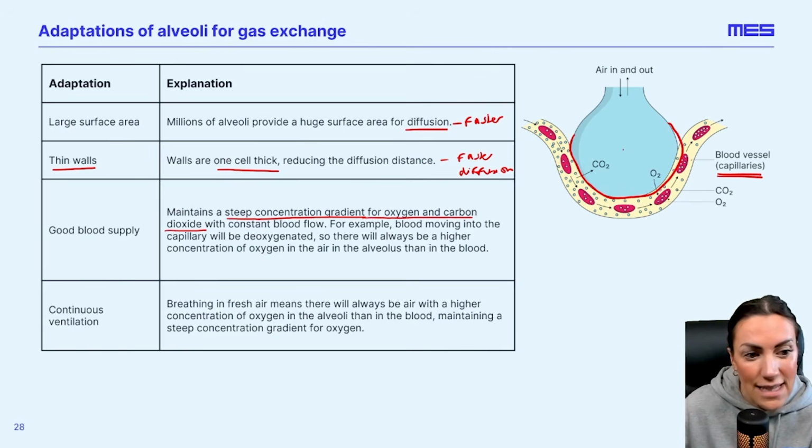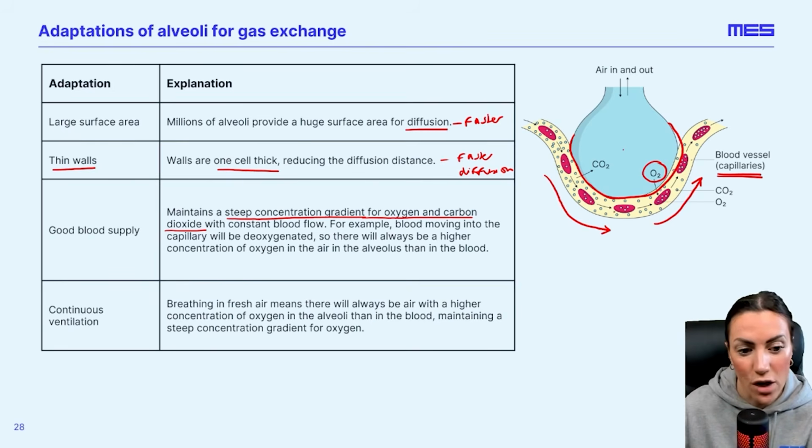Because within these capillaries, these small blood vessels, the blood is constantly flowing. So as soon as the oxygen diffuses into the blood, that blood is carried away, and it's going to be replaced with blood that has a lower concentration of oxygen.